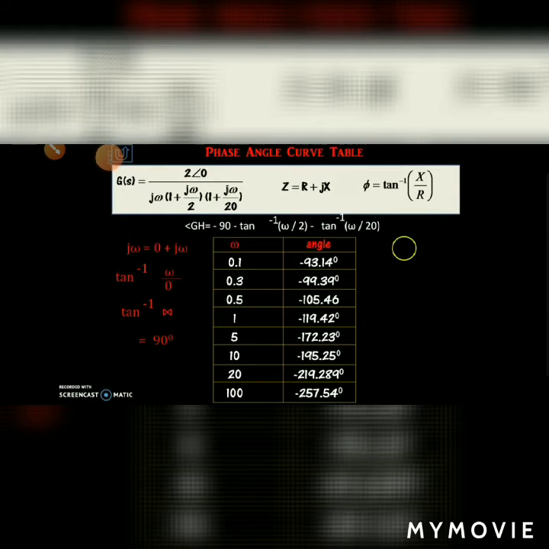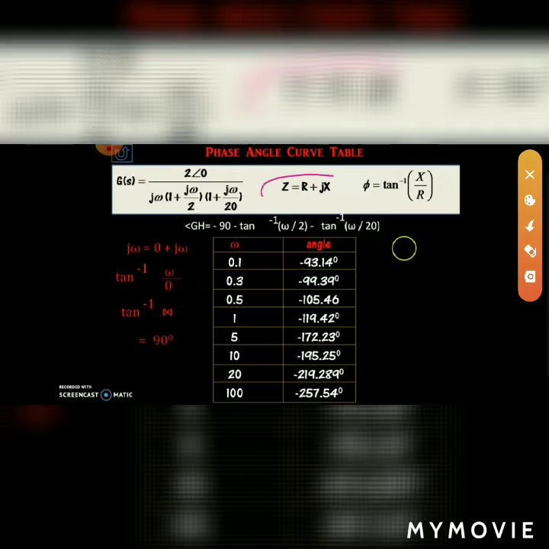Now the phase angle plot. Whatever transfer function we got in time constant form, we write in r plus jx form. So 2 angle 0, then we replace s by j omega. So j omega becomes 0 plus j omega.